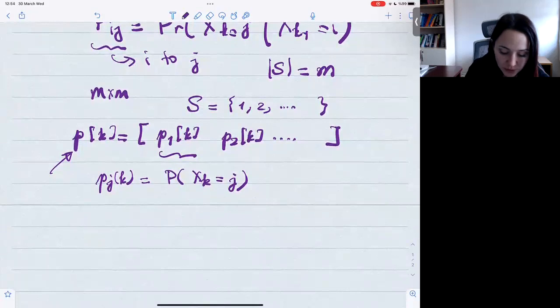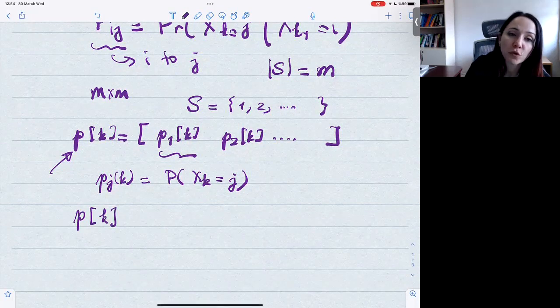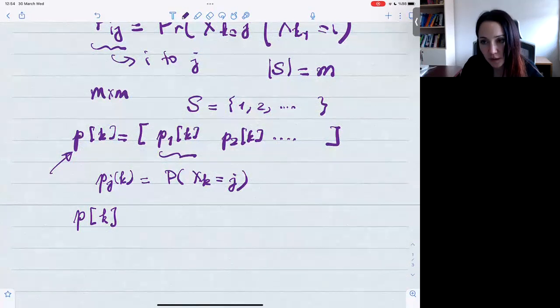Well, it is really easy to see that by the definition of the state transition probabilities, the probability of being in state j at time k can be found by summing the probabilities of being in state i and going from state i to state j, right?